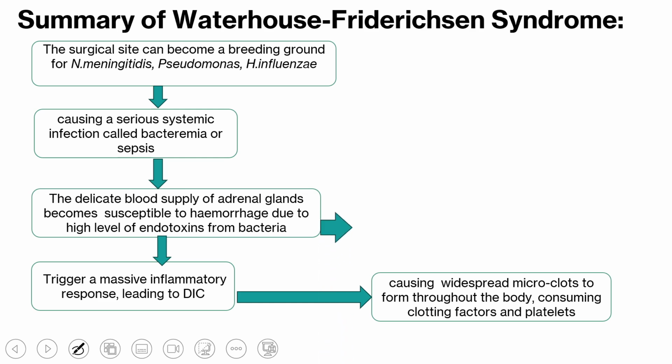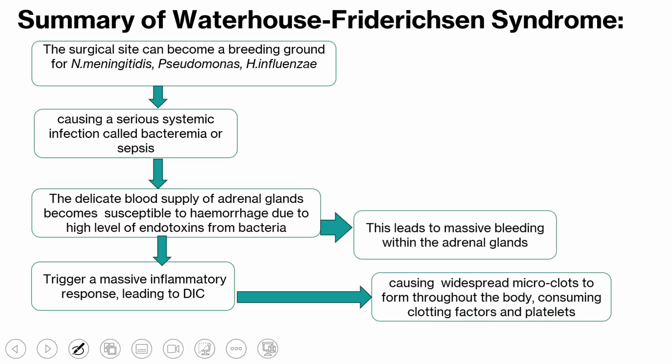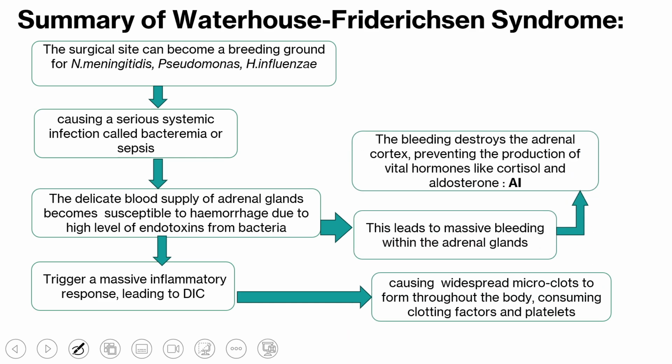Similarly, these blood vessels susceptible to hemorrhage result in massive bleeding within the adrenal glands, and this results in the destruction of the adrenal cortex and prevents the production of vital hormones like cortisol and aldosterone. This can be defined as adrenocortical insufficiency in the setting of Waterhouse Friderichsen syndrome.